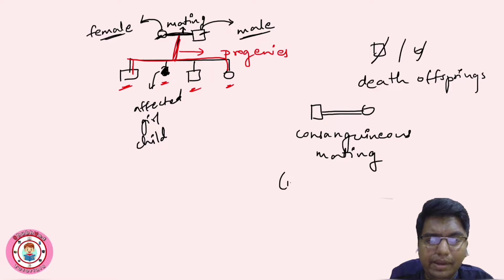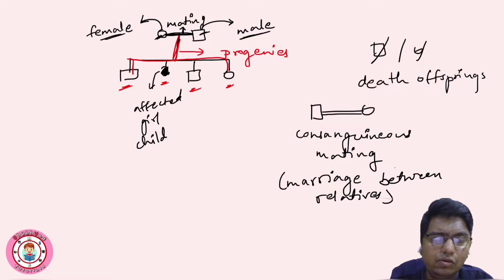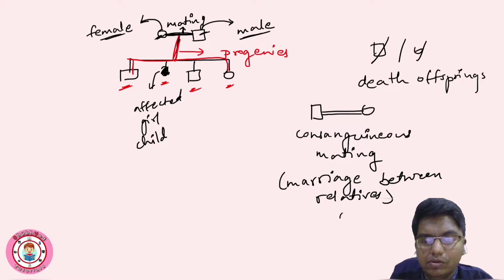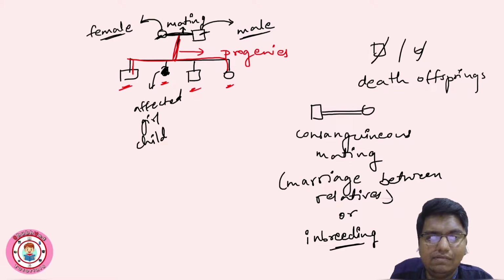It means mating, or in simple words marriage, between relatives, close relatives, or inbreeding, within the same families, with ancestors from the same family. This is considered in the pedigree, and it is associated with the risk of carrying genetic diseases.